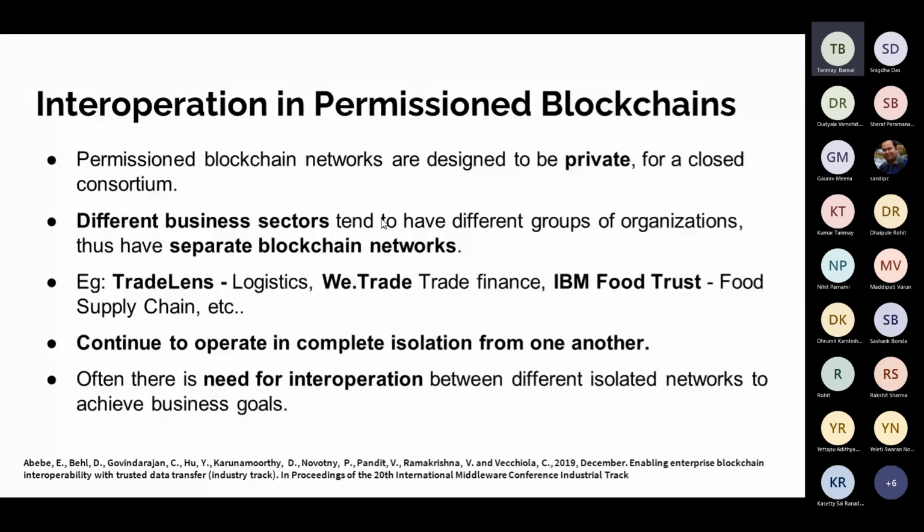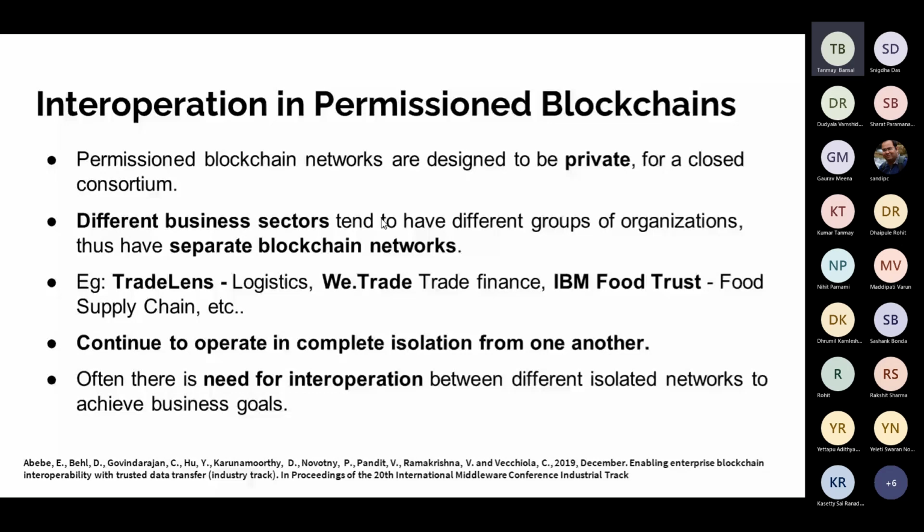There are of course others, and IBM Food Trust, which is a food supply chain, and we mentioned some more during the first few lectures. They keep operating in complete isolation from one another, but there is a need for interoperation between these isolated networks to achieve a common business goal, and that will benefit all the parties. So that is the context in which we are discussing interoperation in permissioned blockchains.